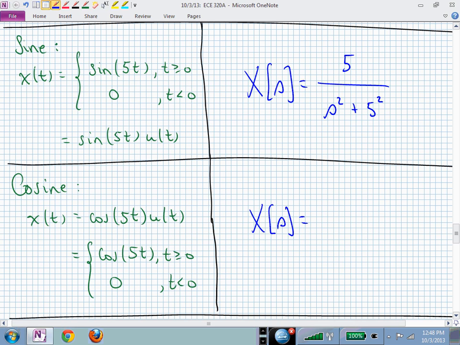What's this transform look like? What's the denominator look like for this one versus the sine? They're the same, aren't they? They're sinusoids at the same frequency, so their poles are at the same location.